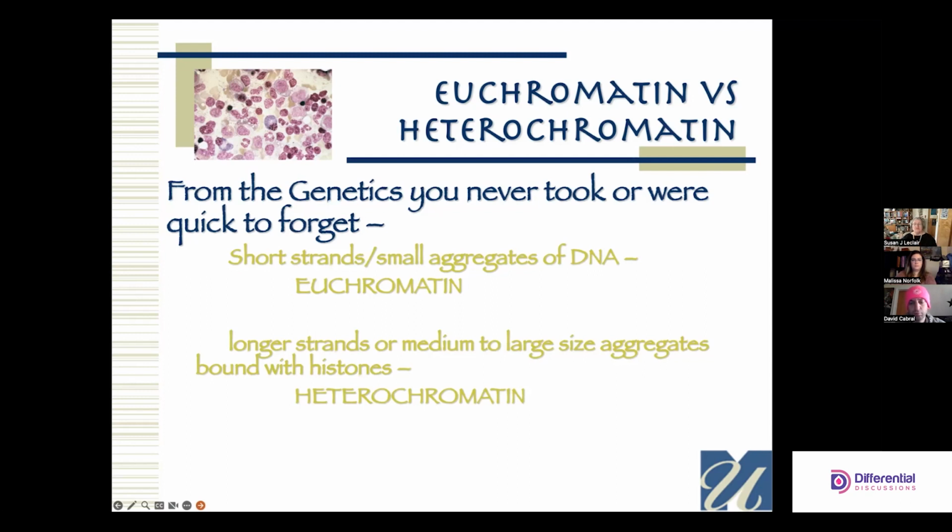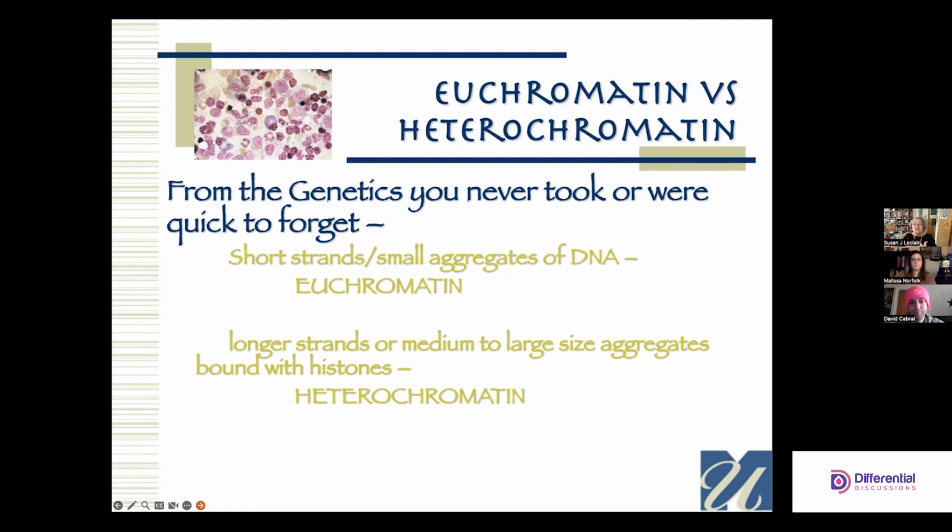So wait a minute. If a cell's got a lot of euchromatin, then it's got a lot of potential because it can do all of that stuff. The smaller the amount of euchromatin you have, the lesser the potential for that cell. So that means younger cells have more euchromatin because they're still making things.